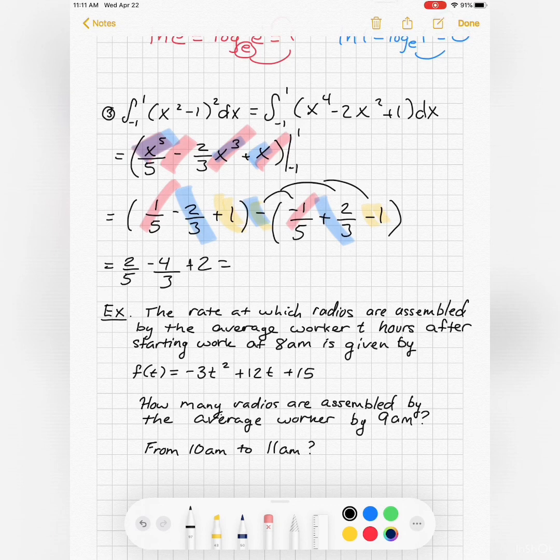Okay, so then I guess I'll do an LCD. So 15ths again. So that's, let's see, multiply by 3, 6/15. And then by 5, and then 30/15. Okay, so 10/15 plus, is that 16/15?